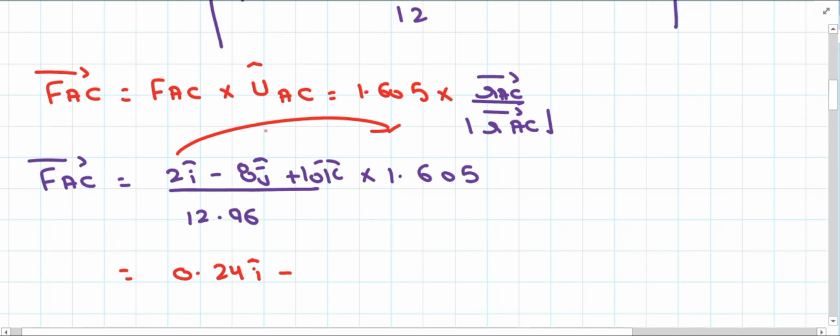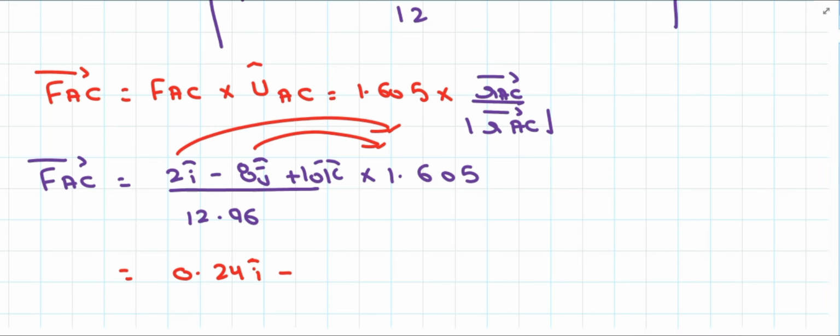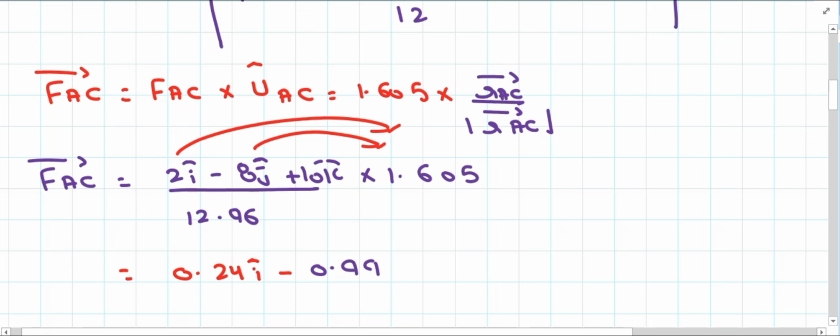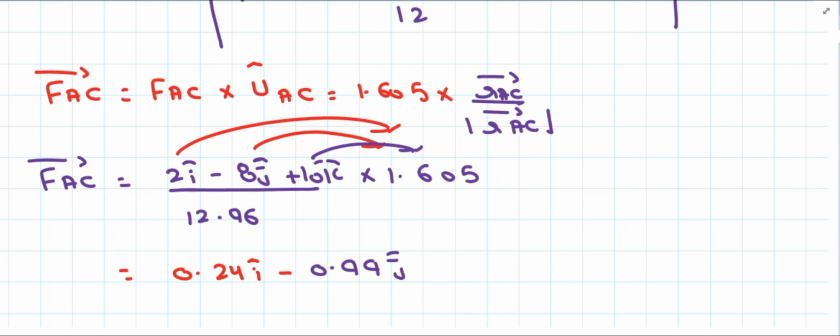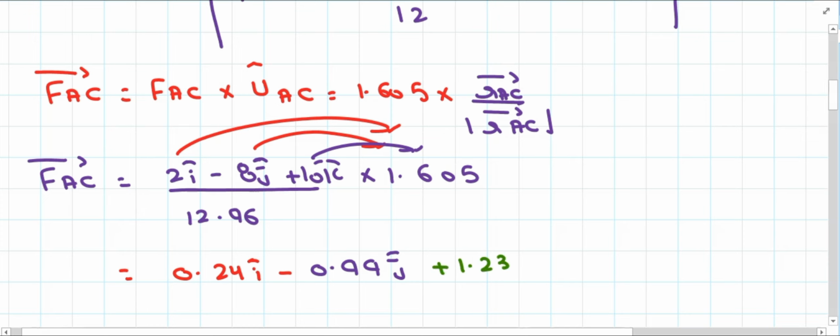Similarly, with negative sign, 8 into 1.605 divided by 12.96 gives us a result of negative 0.99 j cap. And lastly, 10 into 1.605 divided by 12.96 is equal to positive 1.23 k cap pound.